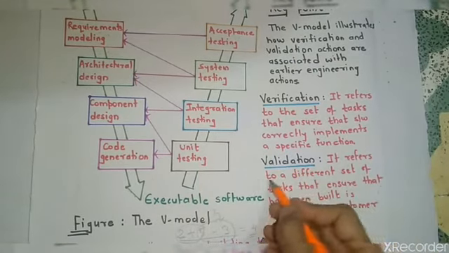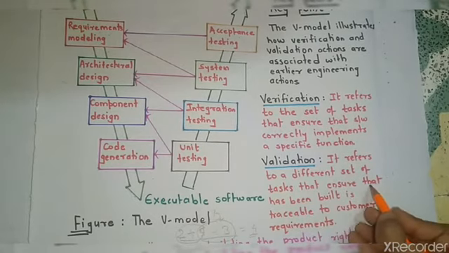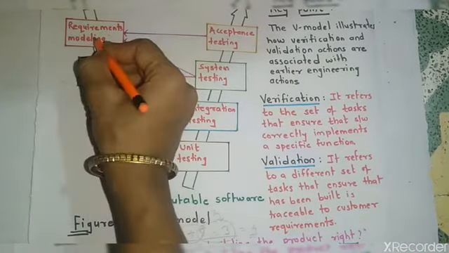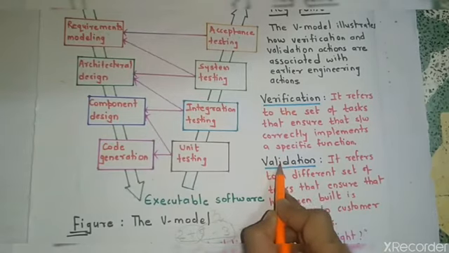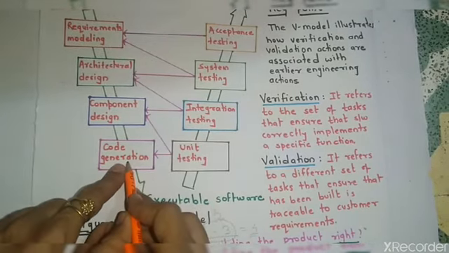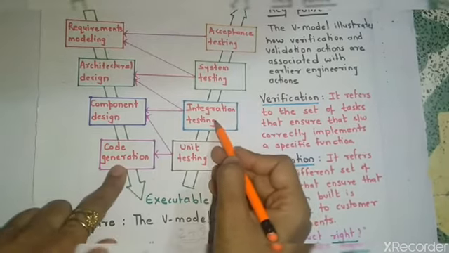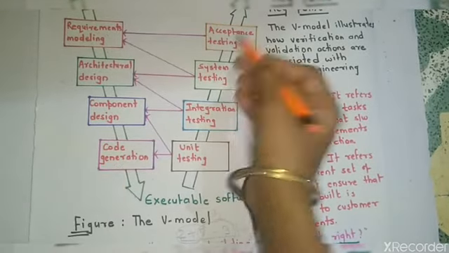It refers to a different set of tasks that ensure that the software which has been built is traceable to customer requirement, and also validation requires actual execution of the product. So the moment code is ready, I can execute it for unit testing, for integration, for system and acceptance testing.